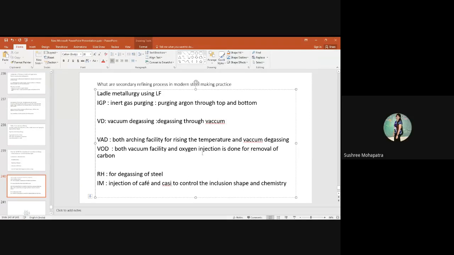It predicts the solubility of gases in metals. Yeah, it tells about the solubility of gases in the metal. So what is the relation? What is that formula? Or how can you justify the solubility of a gas in the liquid steel by this law?